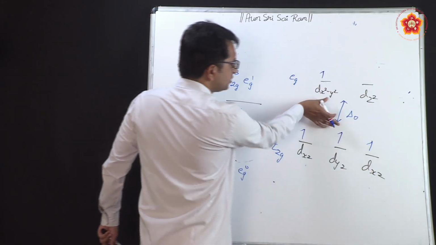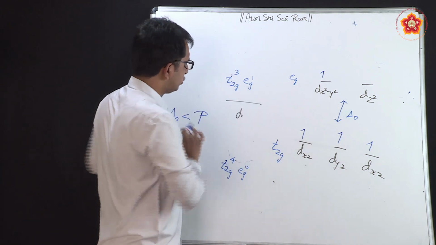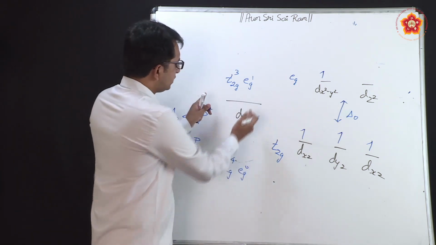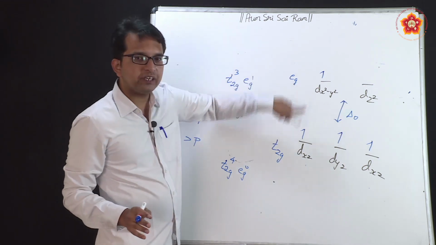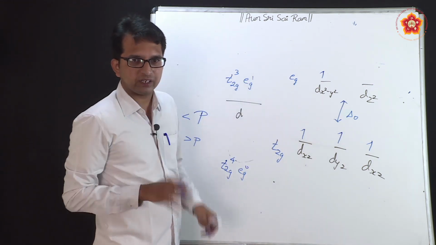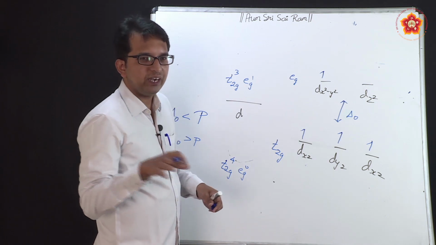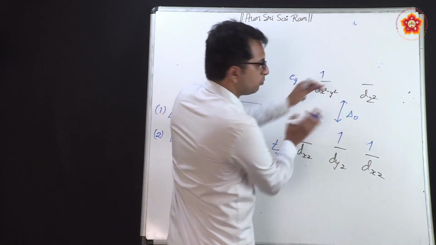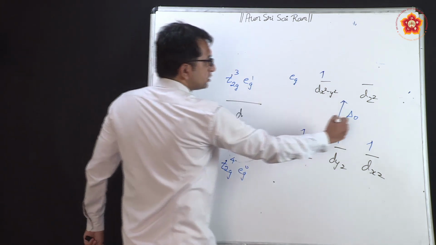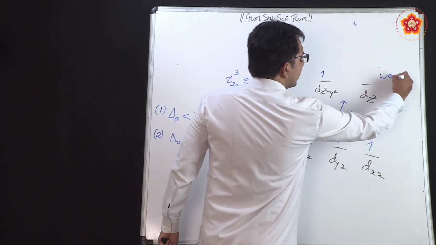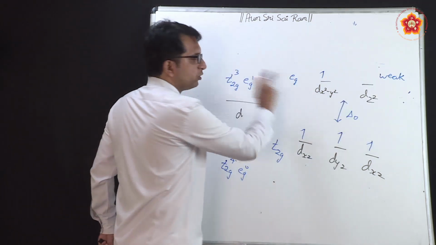Weak ligands, because the splitting, the ligand which actually came and attacked, see originally the metal was having only d orbitals. When did this splitting happen? Only when the ligand came and attached. So if it is a weak ligand, it will not have so much splitting.